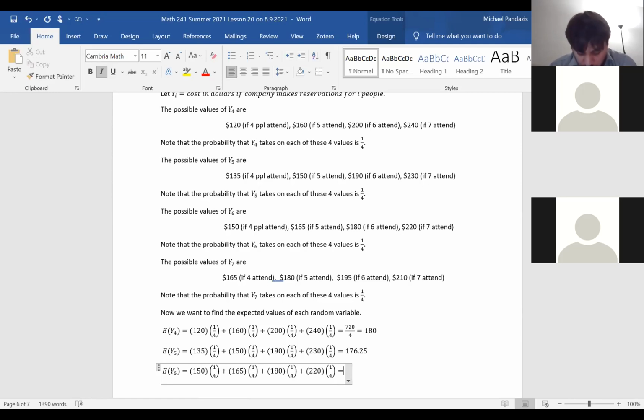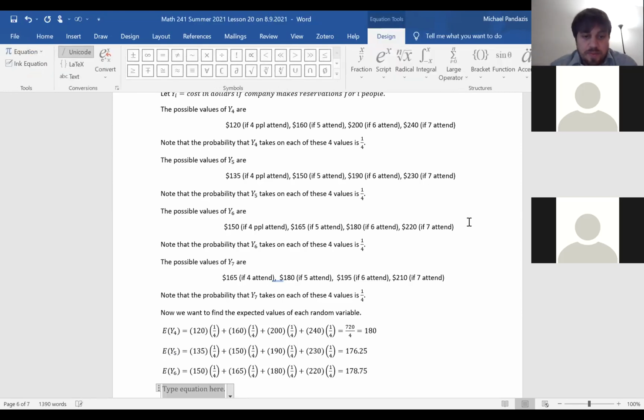And then this is equal to, as a decimal, 178.75. And so that's that one.